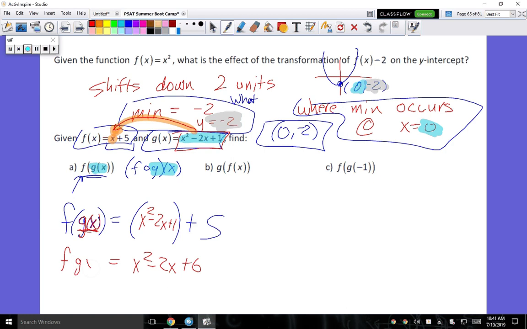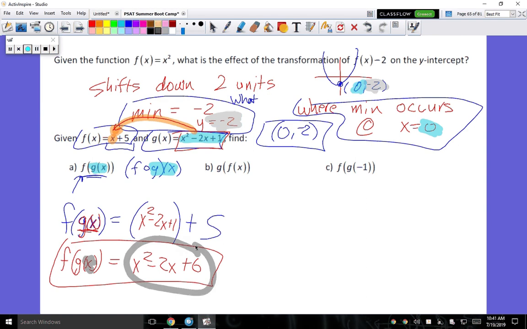So f of g of x is equal to this. Guys, if you had f of g of a number, would it always be a constant over here? If your only variables over here are x's, then yes. If you have different variables, then no. It could be in terms of other variables.